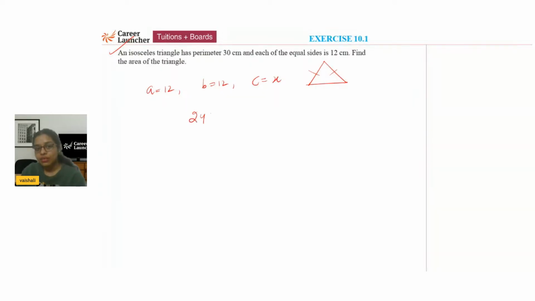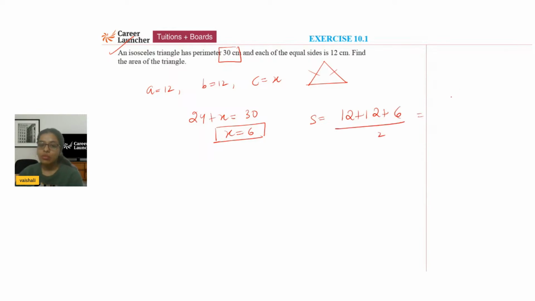So the sum of all the sides is equal to the perimeter, which is 30. So the third side is 6 centimeters. Now once you know that, you can find the value of S, which is 12 plus 12 plus 6 divided by 2. So how much is this? 24 plus 6, 30 by 2, 15. So that is the value of S.